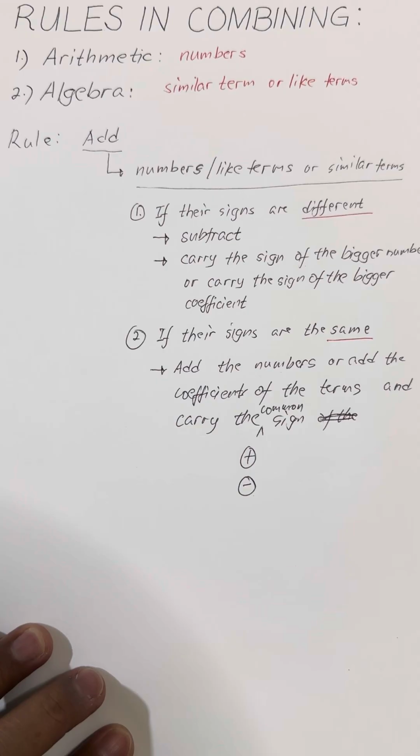The purpose of combining is to simplify. If there are many terms or many numbers, you want to reduce that into a single number or single term, then you can combine them following this simple rule.